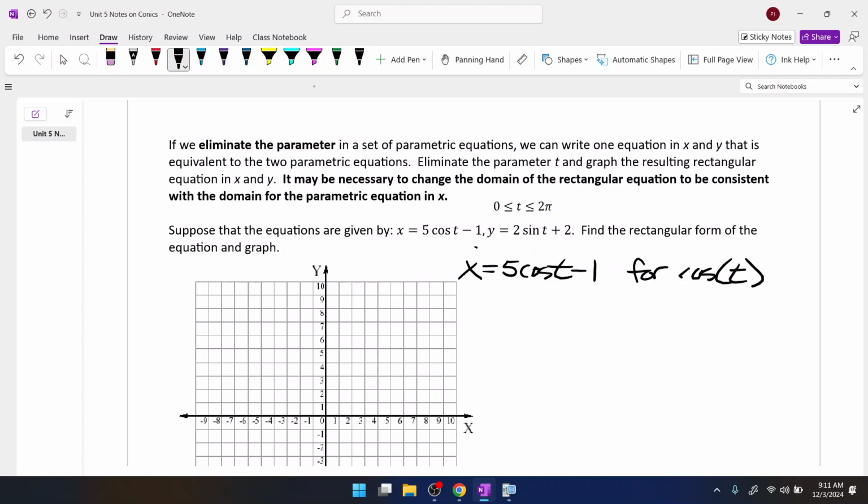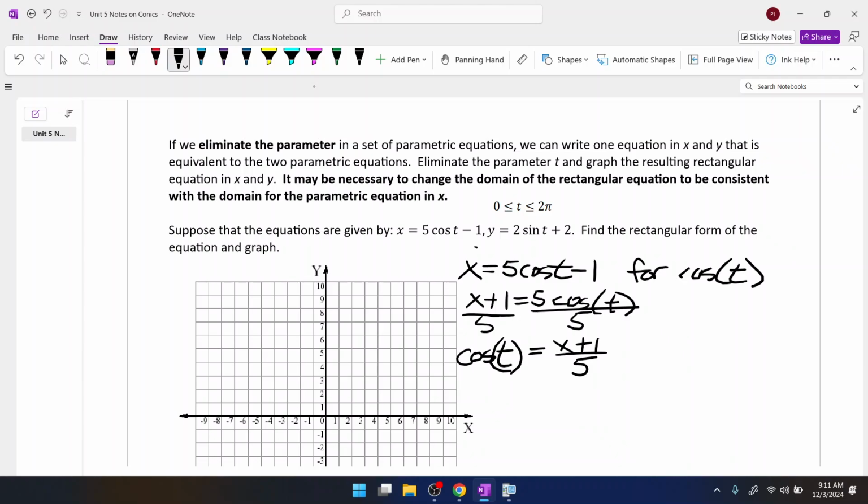So you have x plus 1 equal to 5 cosine of t, and then we divide both sides by 5 and get cosine of t equal to x plus 1 over 5.